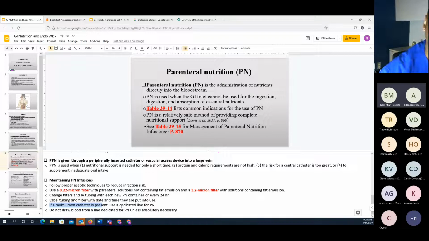If you do have to use the line, you have to flush it very well. Let's say you flush it with 10 cc's of normal saline, and you have to pull back a waste. If the patient's H&H is pretty low, once I toss that waste, I'll go ahead and withdraw my lab sample and send that off.